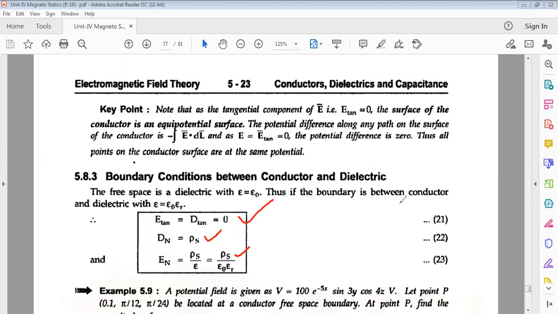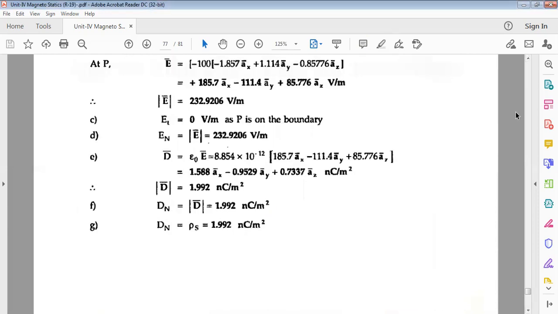Thus, at the boundary between the conductor and the dielectric, E tan and D tan are both zero, meaning the tangential components of electric field and electric flux are both zero. The normal components of electric flux is rho s, and electric field is rho s by epsilon. It's a very, very important matter.